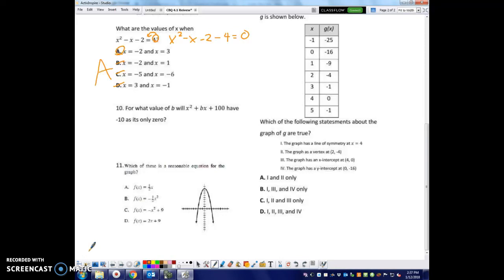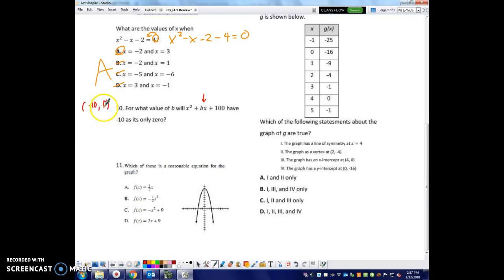Okay, now we're going to move on to number 10. It says, for what value of b will x squared plus bx plus 100 have negative 10 as its only 0? So it's saying if you were to type this into the calculator, this would be the x-intercept. This would be the 0. Okay, so they're trying to find out b. So here's how you have to do that. The x-intercept, or the 0, will be negative 10, 0, right?